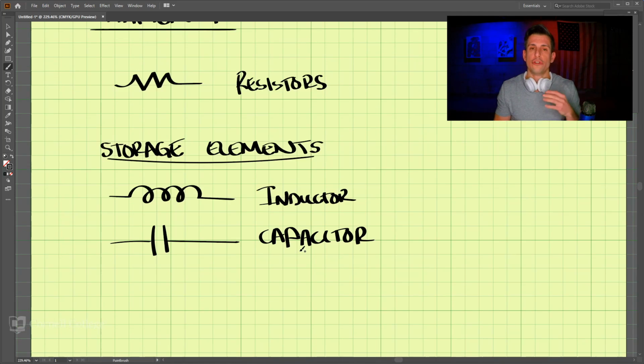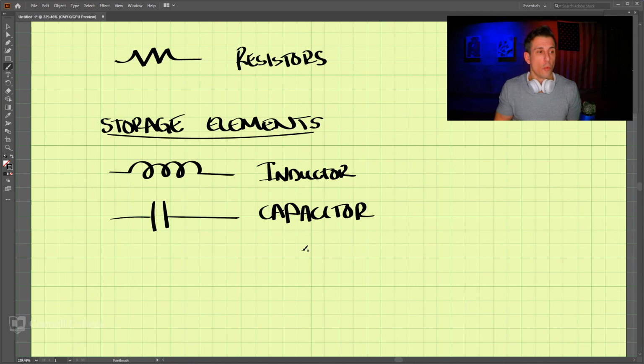So to approach these problems, when we add these two in here, remember that, for example, the current through a capacitor is C dV/dt, right?